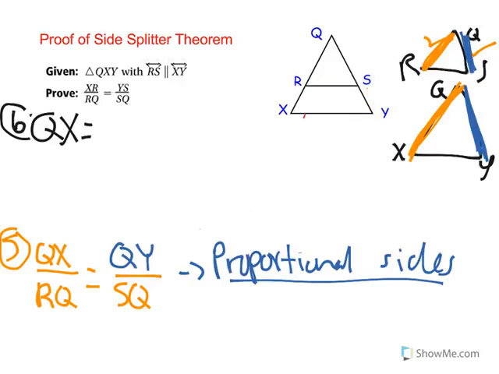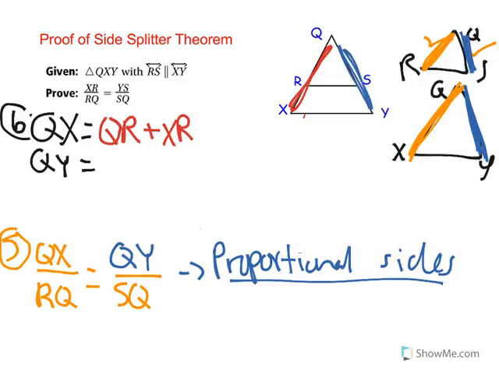So this is QX. It's made up of QR plus XR. And then the same thing with QY. So QY, because this is QY, is made up of QS plus YS.